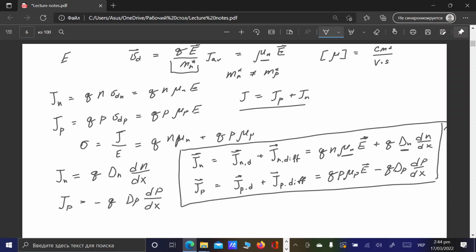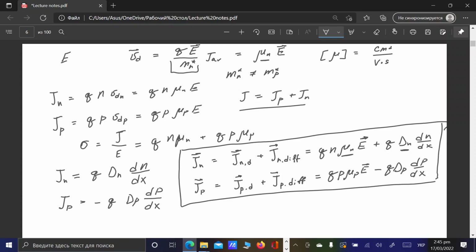Obviously, mu n and Dn should be somehow dependent on each other, because both of these parameters describe how easily these charge carriers can move in semiconductor material. That's why there is a named Einstein relationship between mobility and diffusion coefficient, and we will try to show it now.